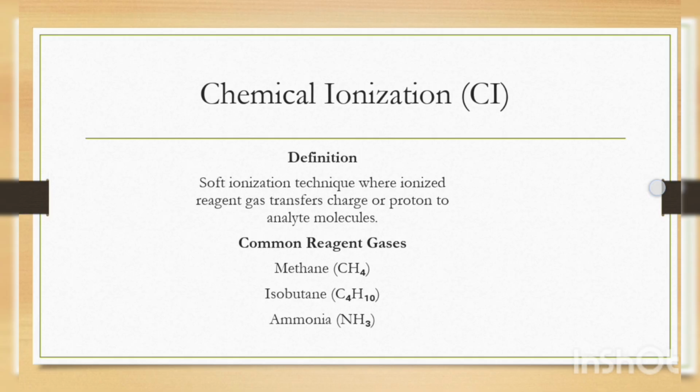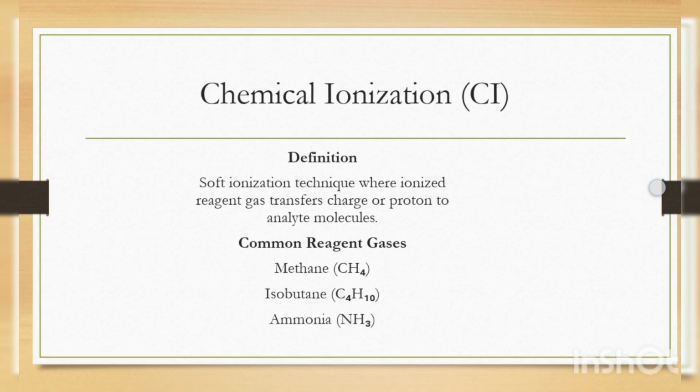Chemical ionization, abbreviated as CI, is a soft ionization technique. Unlike EI, the analyte molecule is not primarily ionized by direct collision with a high energy electron. Instead, a reagent gas is first ionized. The reagent gas ions then react with the analyte molecule. Common reagent gases include methane, CH4, isobutane, C4H10, and ammonia, NH3.